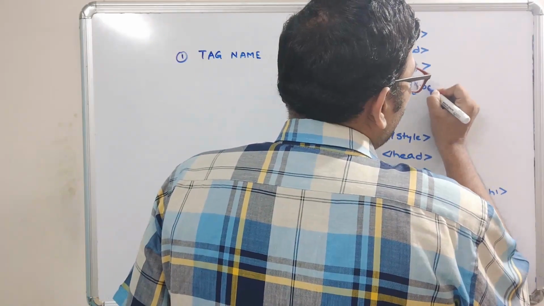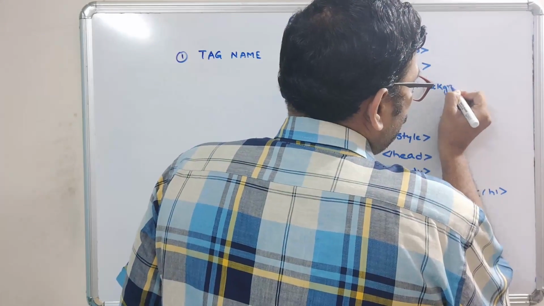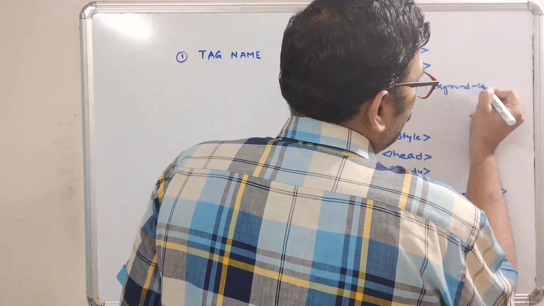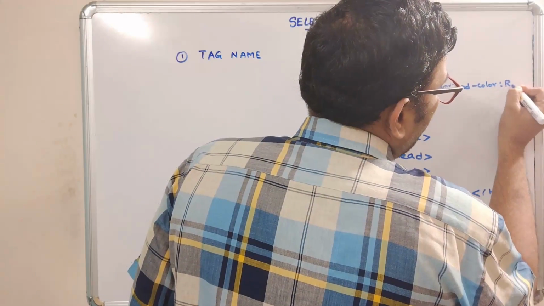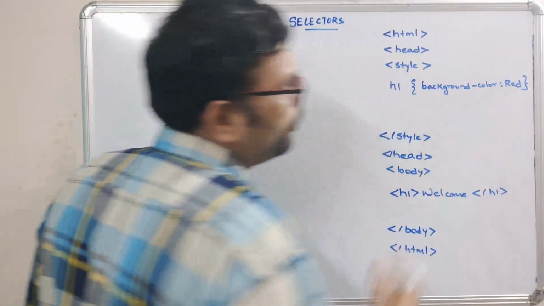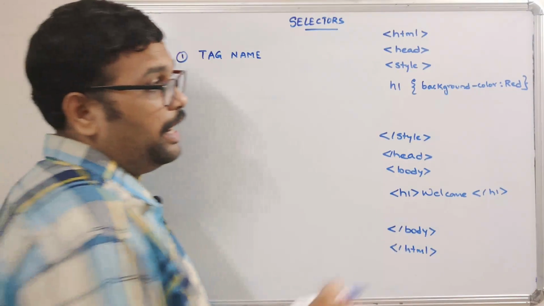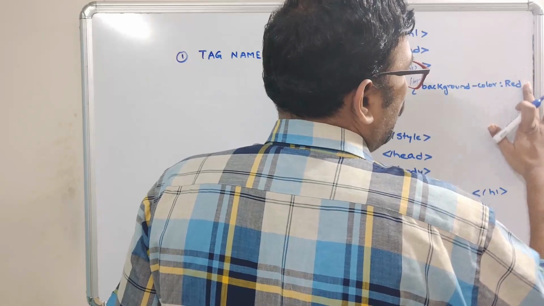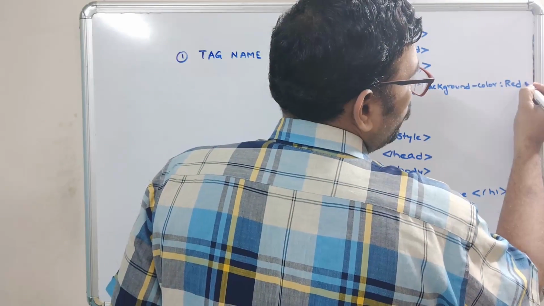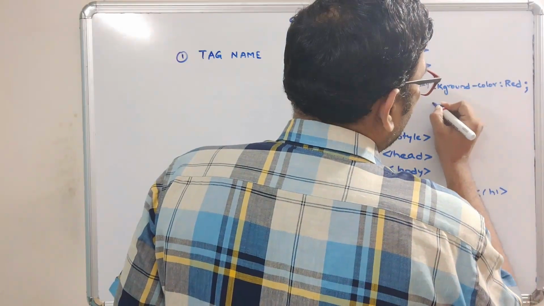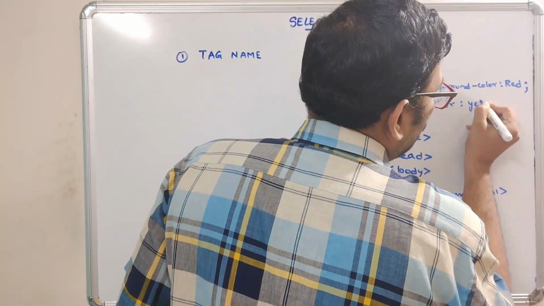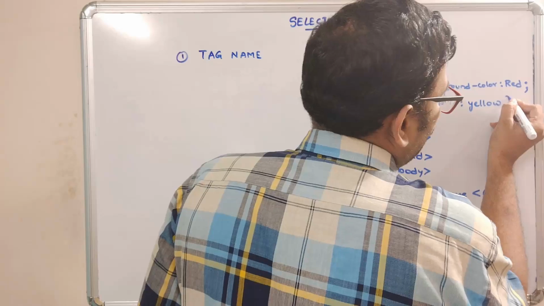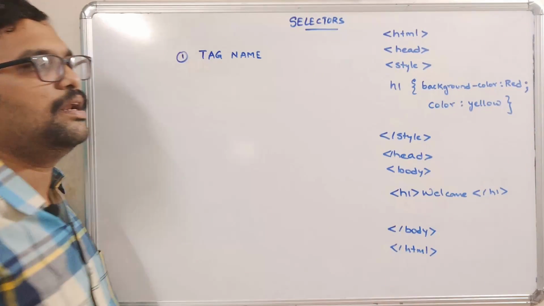So I just want to go with the background color. Background color colon, just go with red. And if you want to give multiple attributes, put the semicolon. Go with one more attribute, color yellow.